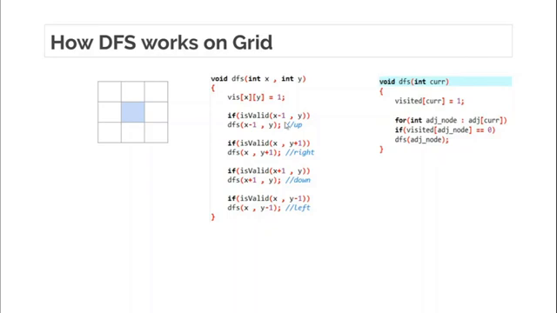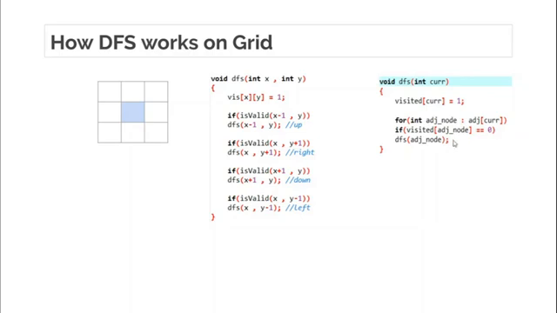First you will check whether it is valid or not. What is valid? Is valid is a function that returns whether the node you want to go to actually exists or not. For example, from here I wanted to go up, but there is no cell directly above this node. It will return true or false based on 2 factors. First, it checks whether the cell you want to go to even exists. If the cell doesn't exist, it returns false. Otherwise, it checks the second condition, whether that node is visited or not.